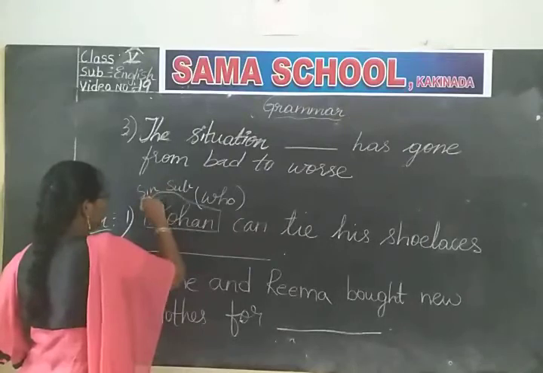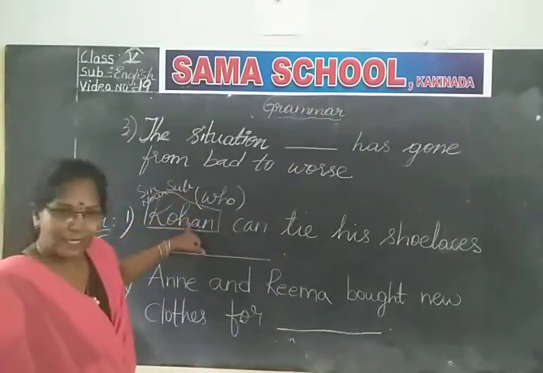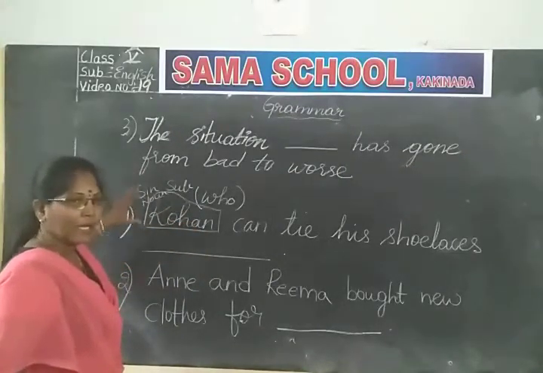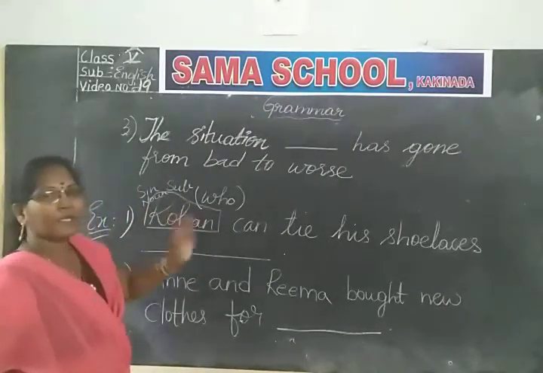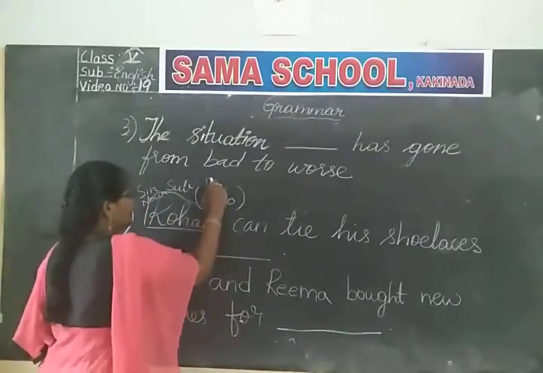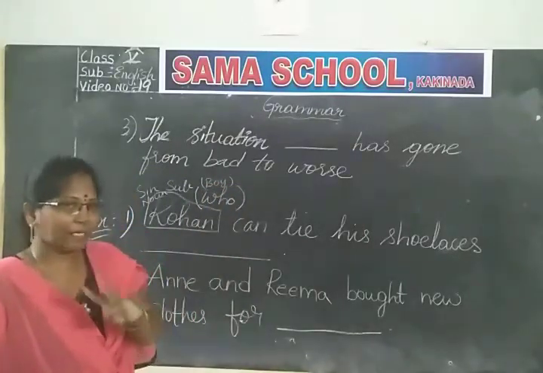Here Rohan is identified as a subject and it is a singular noun. And the third thing is Rohan means he is a boy or a girl? Boy, obviously. So three things are made clear.